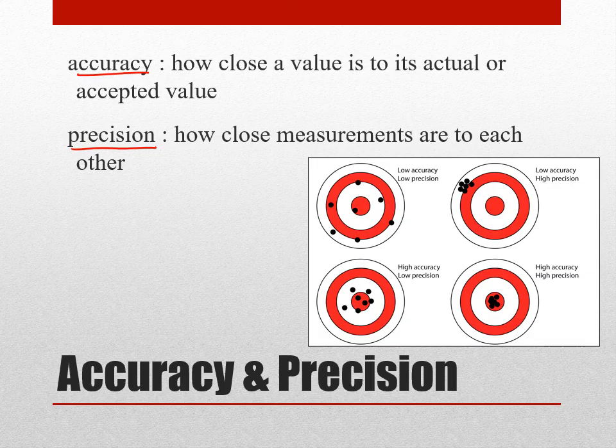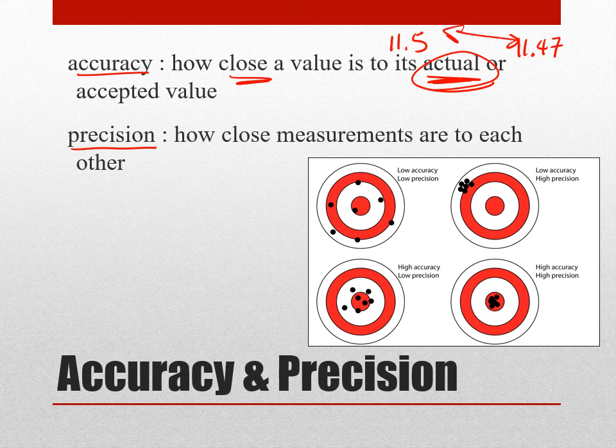Accuracy is how close a value is to what it's supposed to be, its actual or accepted value. For example, if the density of silver is 11.5, that's its accepted, actual density, the real density of silver. And you do some math and find that it's 11.47.